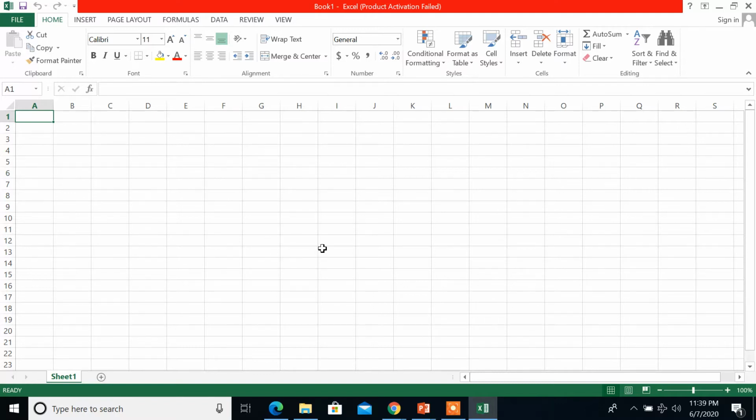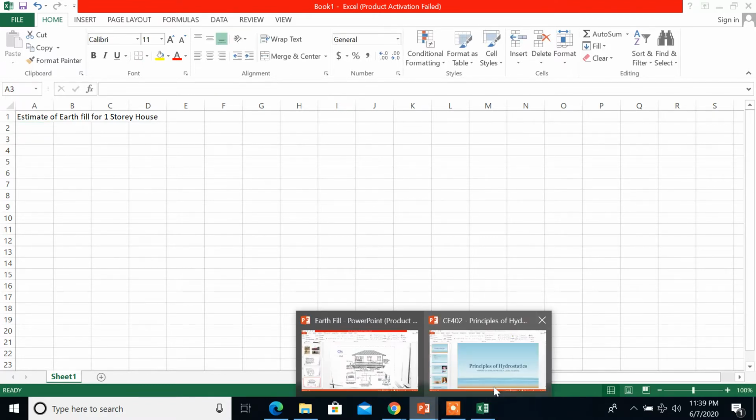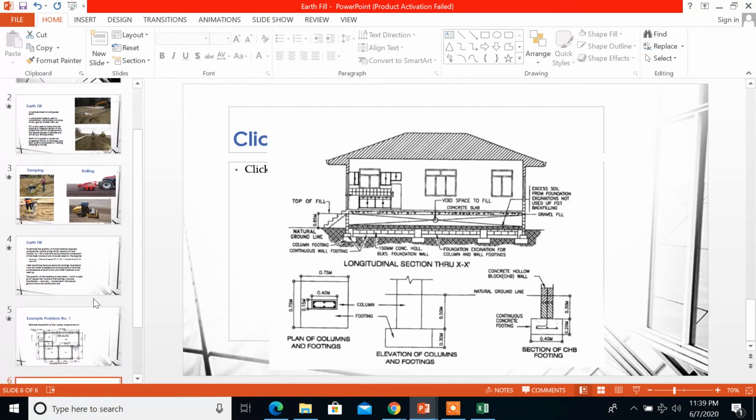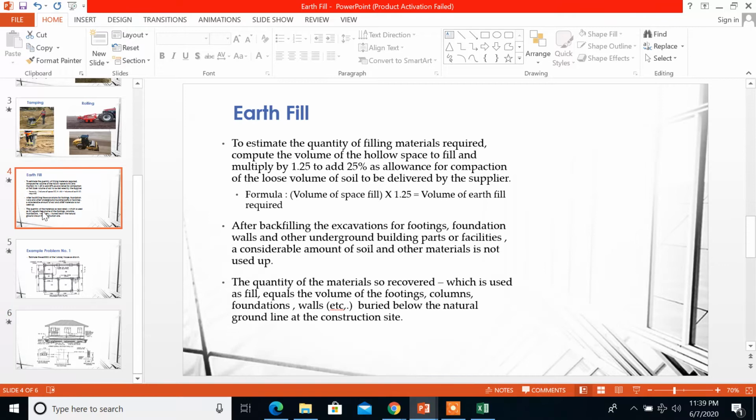To start, estimate of earth fill for the one-story house. Based from our procedure, estimate the total volume of the hollow space to fill and multiply it by 1.25.